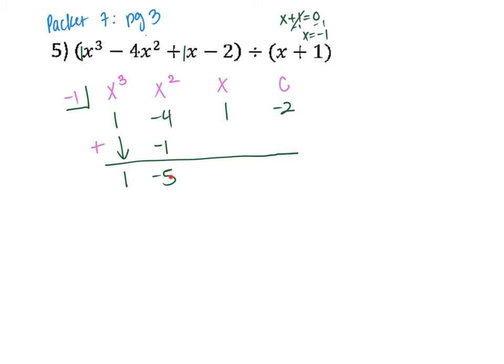And now this number in the bottom gets multiplied by the box. So -5 times -1 gives me +5. And when I add these two, I get +6. 6 times -1 gives me -6. And when I add these two, I get -8.